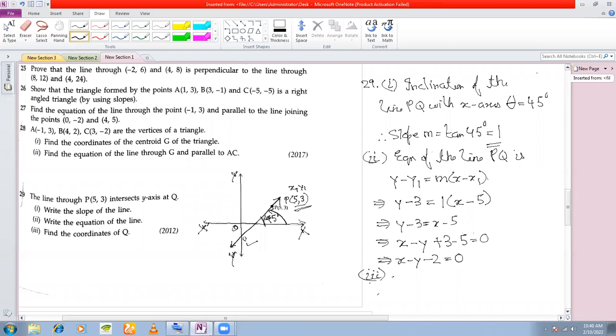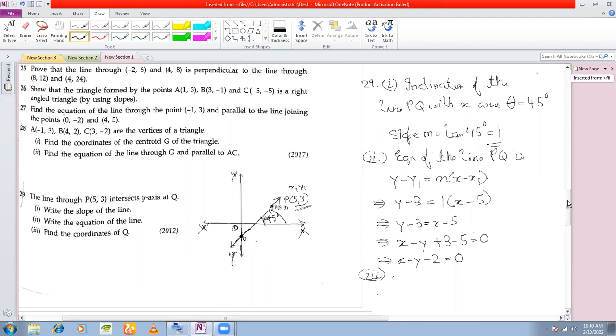The third part, find the coordinates of Q, that is this point. Now if you see what is special about Q, the special thing about Q is that it is nothing but the point of intersection of the straight line PQ with the y-axis, right?